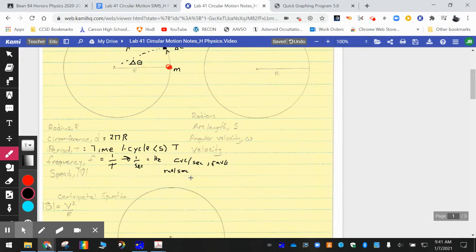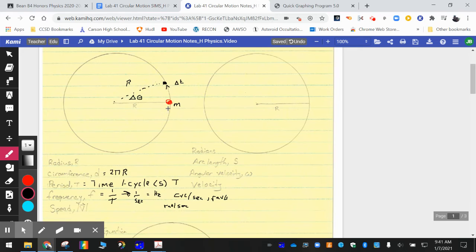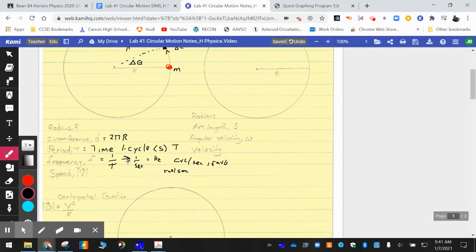Now, speed. If I want to know how fast this is going around, the speed here is the magnitude of the velocity vector, the absolute value. The magnitude, which is speed, is simply distance divided by the period, or distance divided by t.